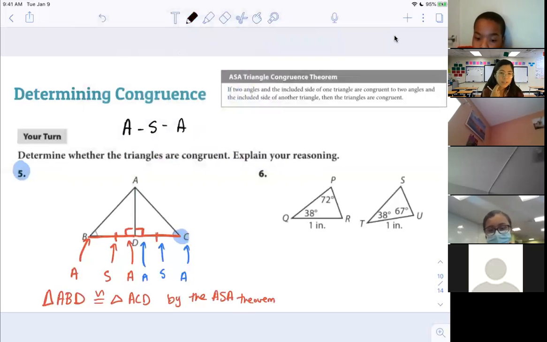Well, we don't have markings in number 6, we have numbers. So we can do it using numbers. So what did you get for side R, Perla? Side R is equal to 70. If you do the math, you get 70 degrees.